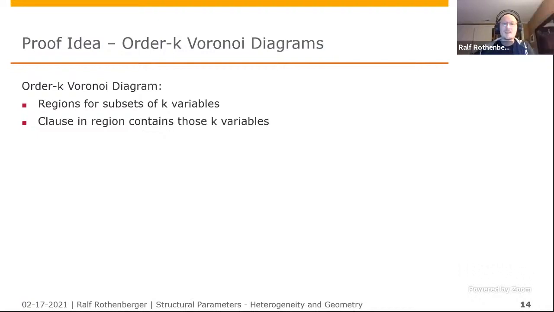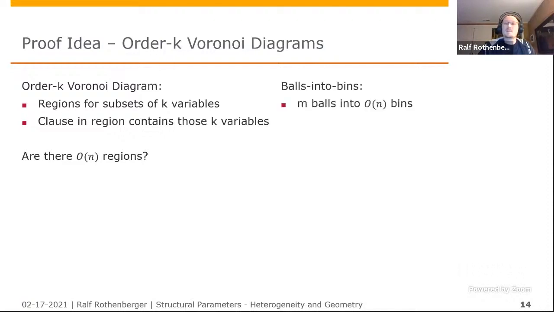Okay, so the idea is now to look at the order k Voronoi diagrams and the regions the clauses fall into. And our hope is that the number of possible regions is not too large. So if the number is somewhere big O of n, we can essentially use a simple balls into bins argument, because we randomly distribute m clauses, which is linear in the number of variables, into O of n bins, which are our regions.